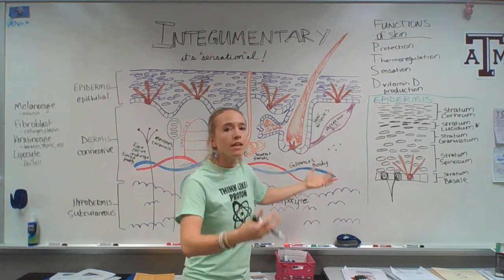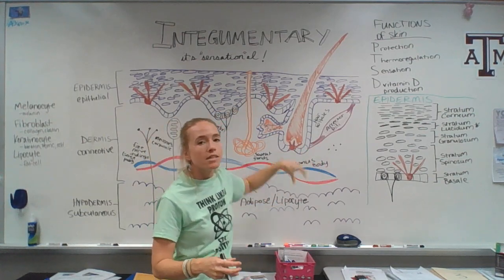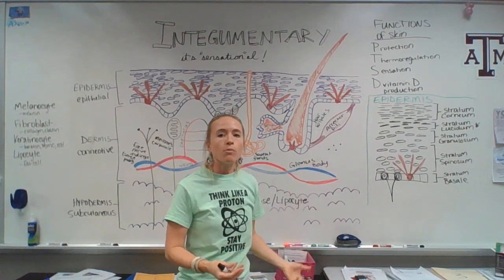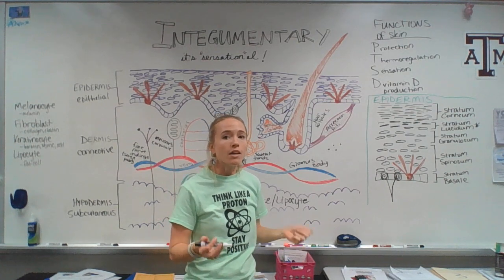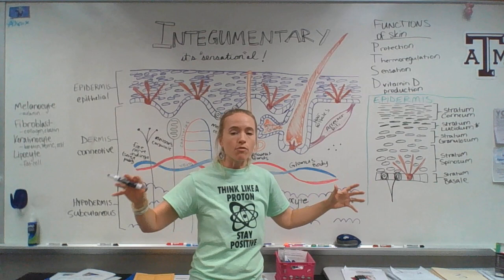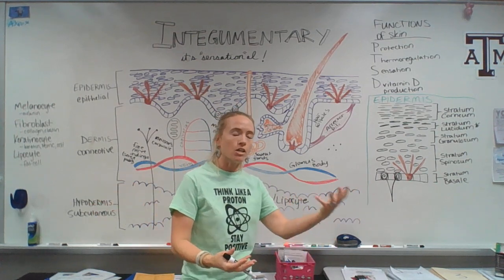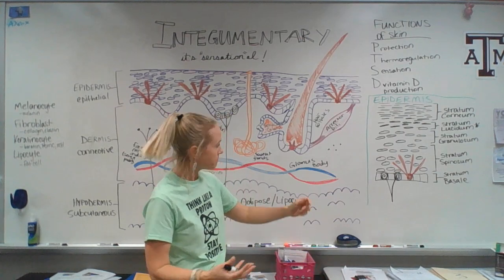If there's more melanin, then the hair is darker. If there's more melanin in the skin, then the skin is darker. People with darker skin and darker hair don't have more melanocytes. They have the same number as everyone else. Their melanocytes just produce more melanin based on their genetics, based on their inheritance.